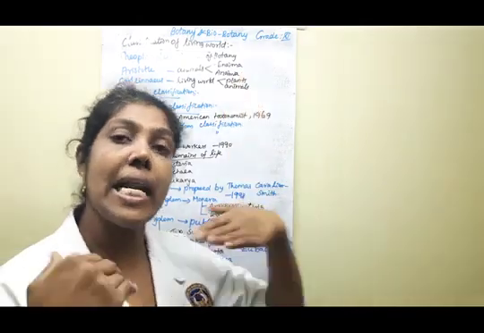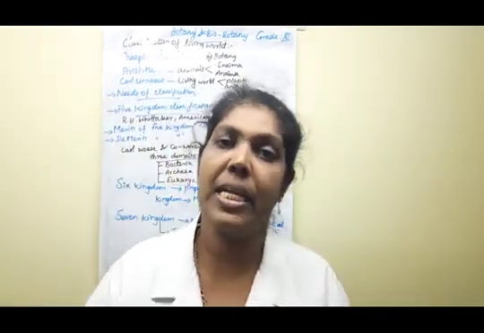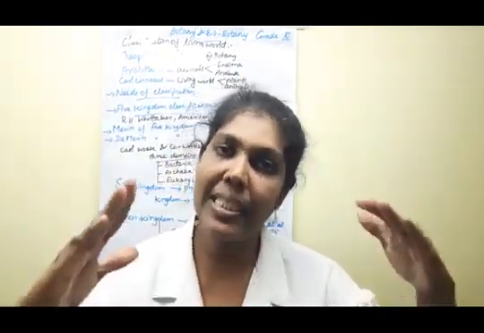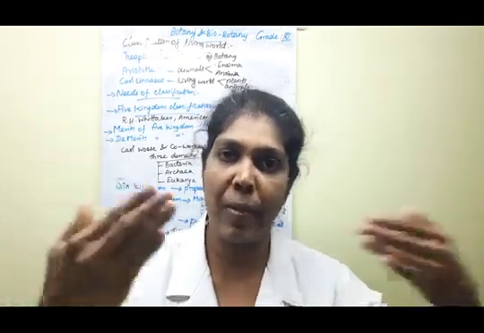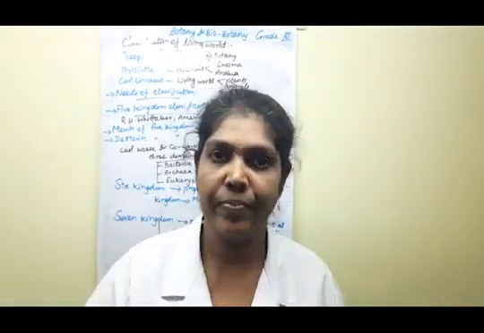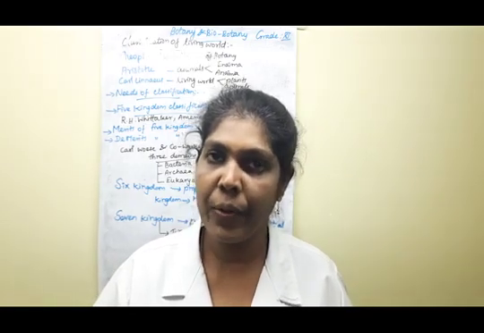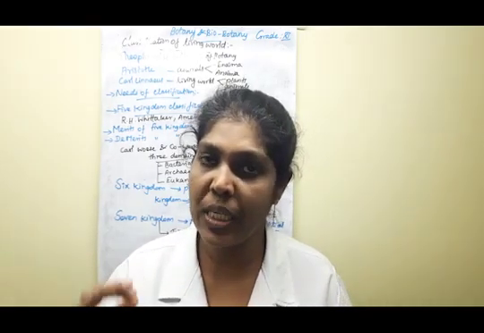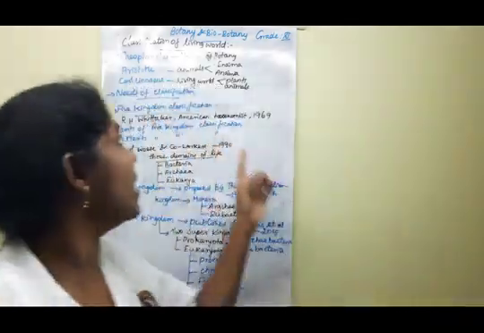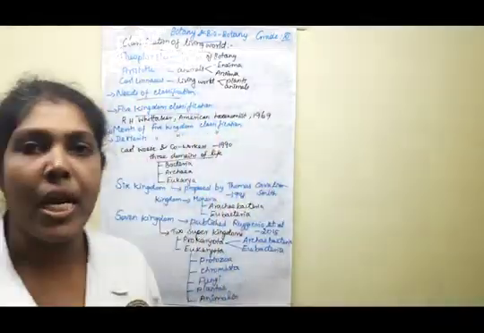Anaima means without red blood cells; that type of organisms are placed under this group. Clear, children? Say yes or no. Who is the person? Who discovered this taxon? Very good, the person's name is Aristotle.